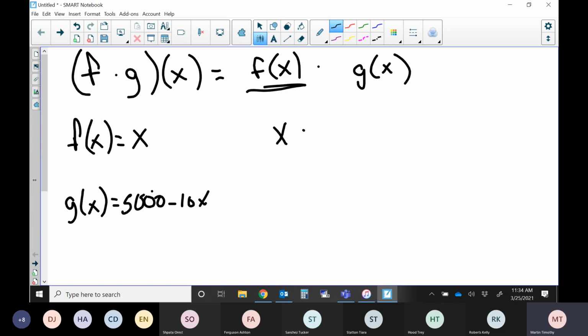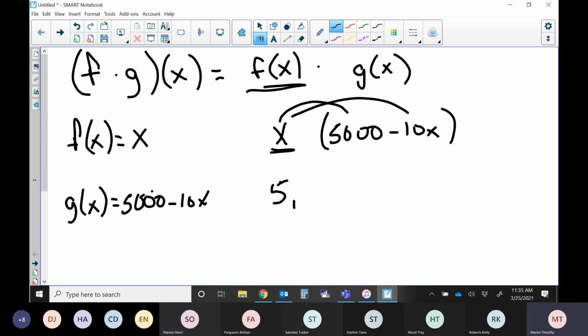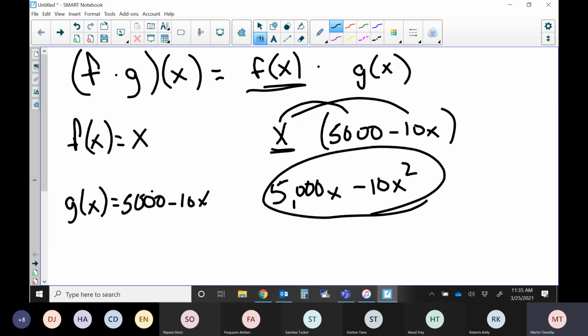And you're going to times it by 5,000 minus 10x. What does this really look like? Well, since it's multiplication, and what does that tell you to do with this x? Distribute. And so it would turn into 5,000x minus 10x squared. And there would be my final answer.